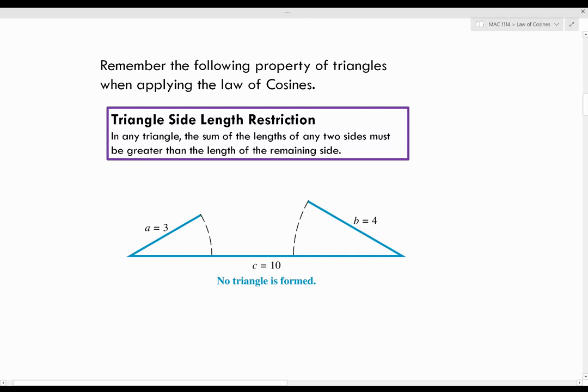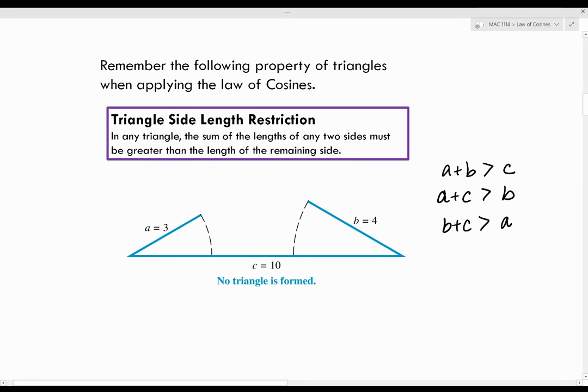That inequality needs to hold for every single combination of sides. For example, A plus B needs to be greater than C, A plus C needs to be greater than B, and B plus C needs to be greater than A.